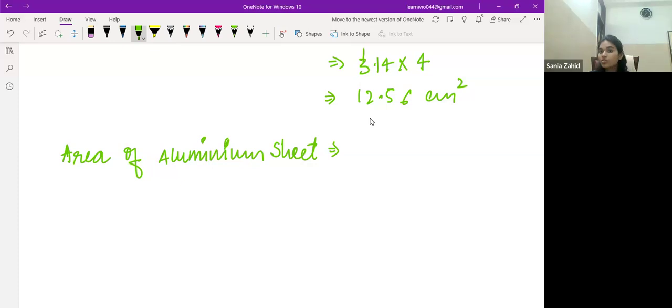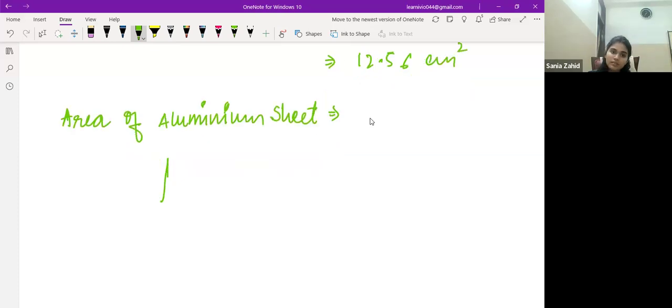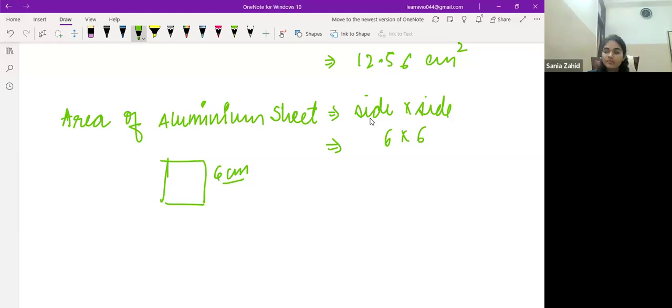It's given to you, it's a square. Side into side. So what does the area become? The side was 6 centimeter. It will be 6 into 6. So what is the answer? 36 centimeter square.